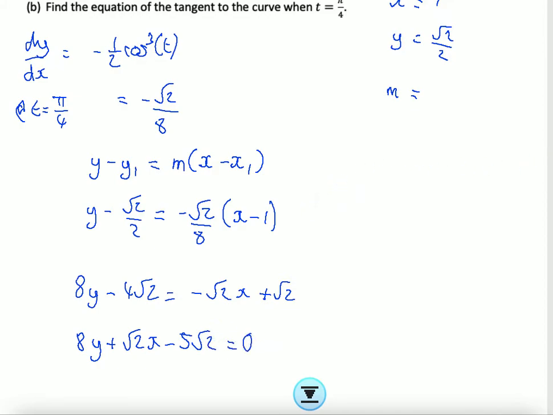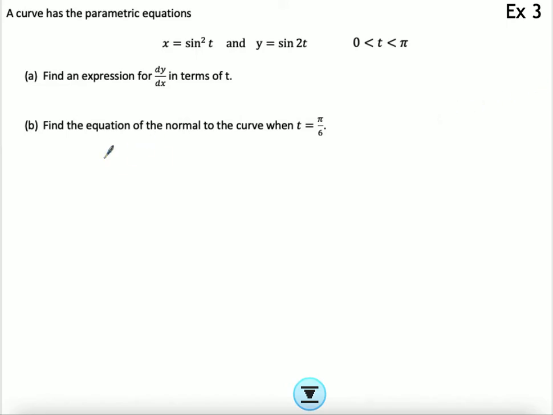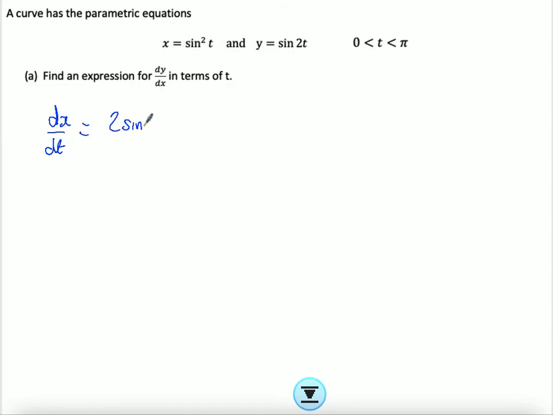Lovely. Okay, example 3. Again, step 1, differentiate it. Step 2, equation of the normal this time. So let's go for that. So dx by dt, again using the chain rule, imagine that's u squared, becomes 2u du. So that's 2 sine t, and then if you differentiate sine you get cos.